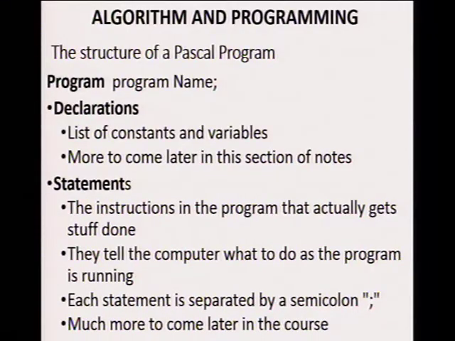So the declaration section of your program takes care of that. You declare your constants, you can declare your variables. I want you to understand the difference between a constant and a variable. The values of variables can change during the lifetime of a program.